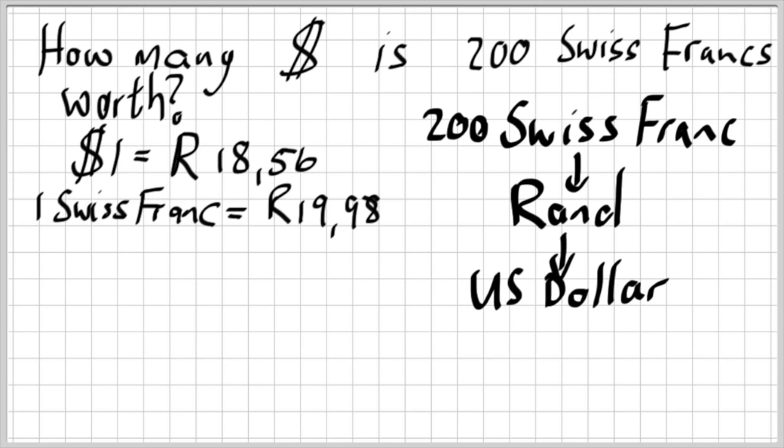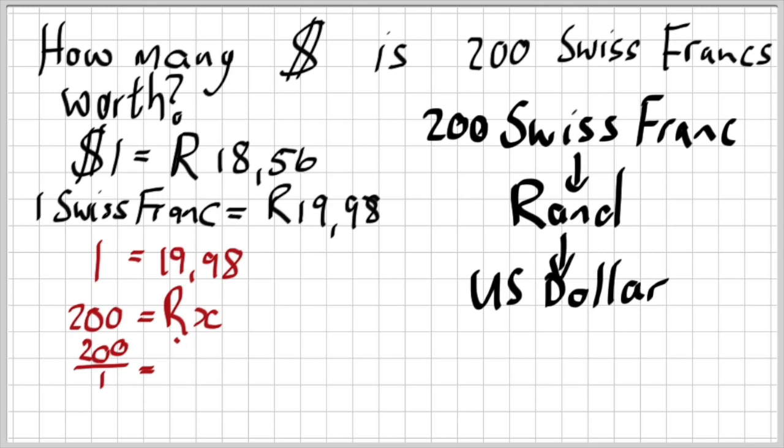So let's start with converting the Swiss franc into rands. 1 Swiss franc is 19 Rand 98. Let's write it again, not as an equal, but as a ratio. So 200 Swiss francs is equal to X Rand. Placing the X at the top, X over 200 is equal to 19,98 over 1.